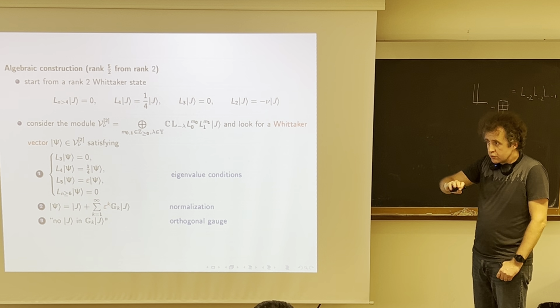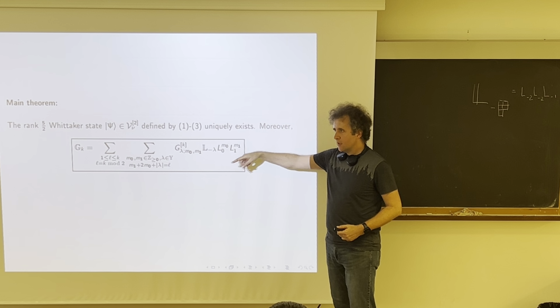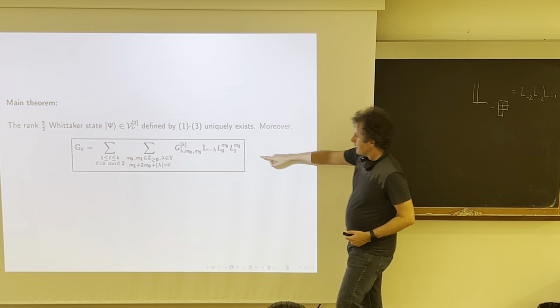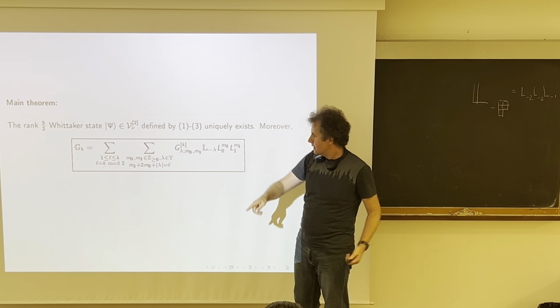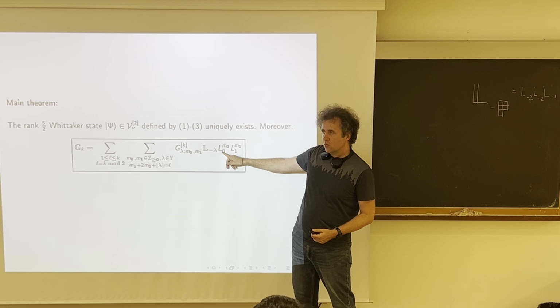So what you have to do here is assign to each Virasoro generator in this monomial a degree. The degrees of generators with negative indices will be the same as usual. So for L minus K, the degree is K, but L naught will have degree 2, and L1 will have degree 1.